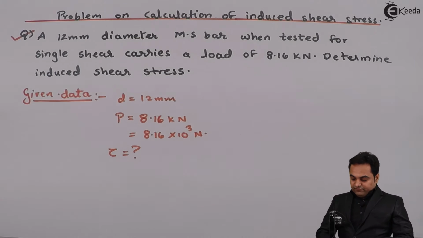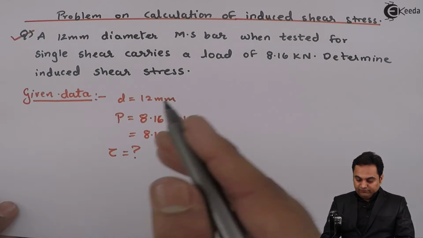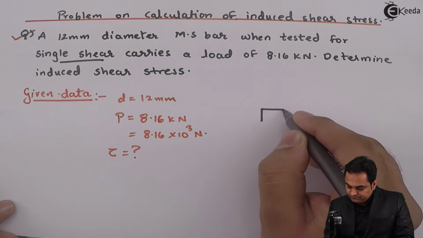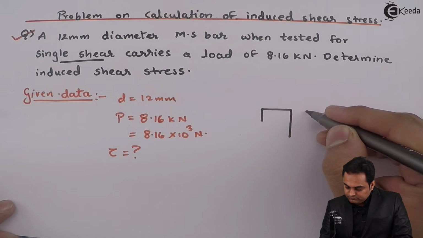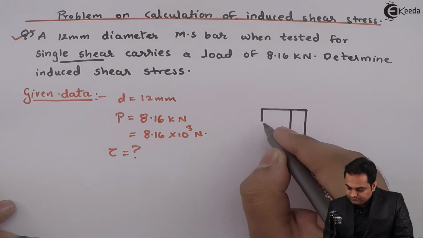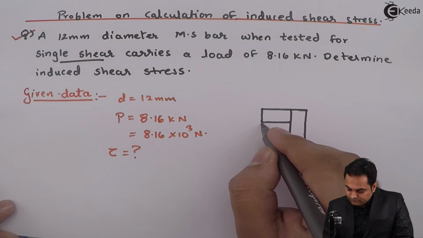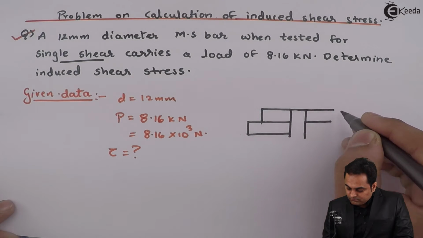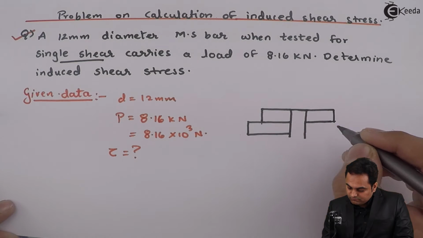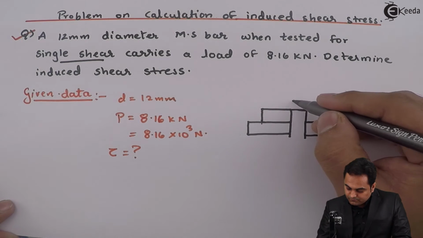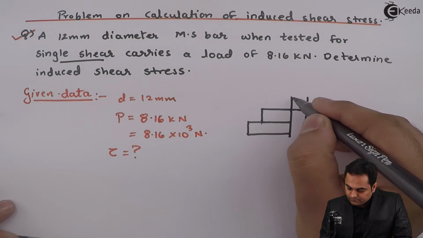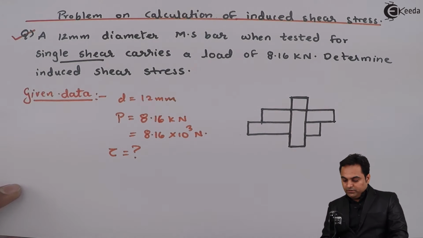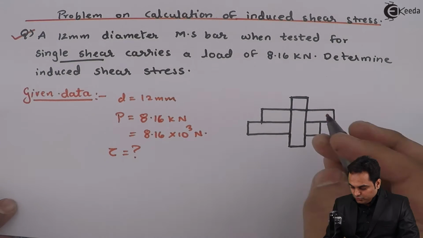Now for this, first I'll draw the diagram and explain what is the meaning of single shear. Now here we have two plates.